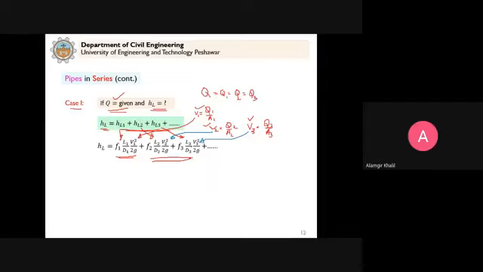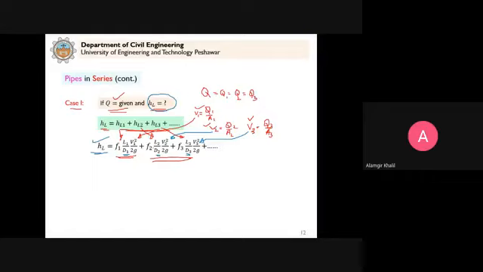So G is known, L will be given to you, the diameter will be known to us for the pipes. Now the question is from where F will come. So this F1, F2 and F3 and so on, either this will be given to you in a problem. If they are given, everything is known, and you can easily calculate the head loss, which is what we need to calculate.